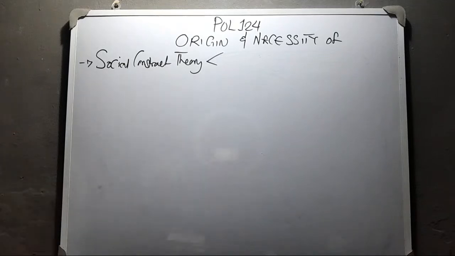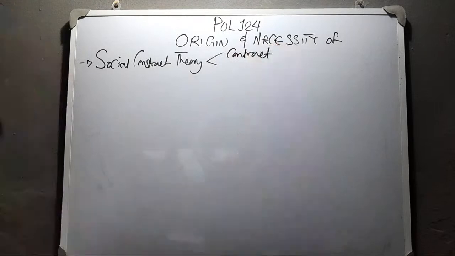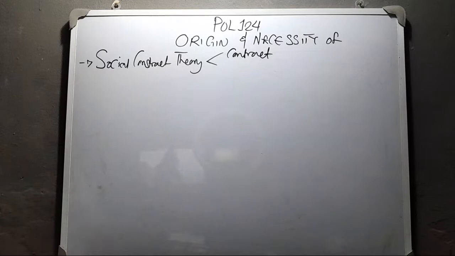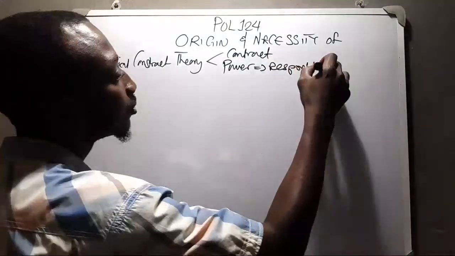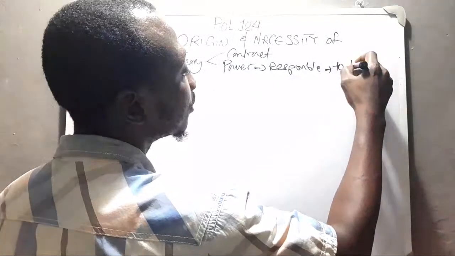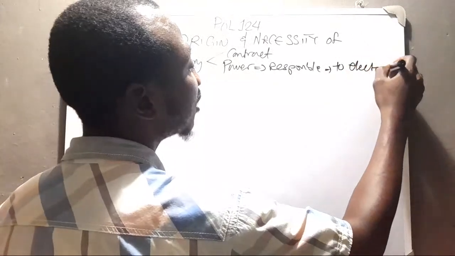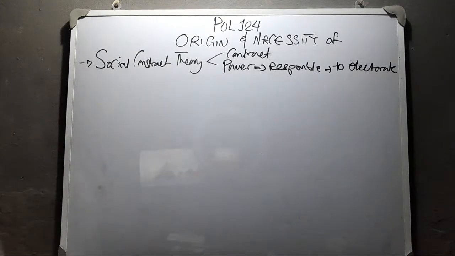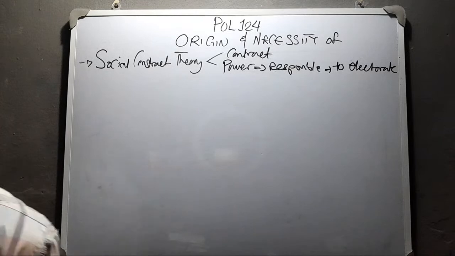Under this theory, government is a kind of contract in which those in power have responsibility towards those they govern, responsible to the electorate.